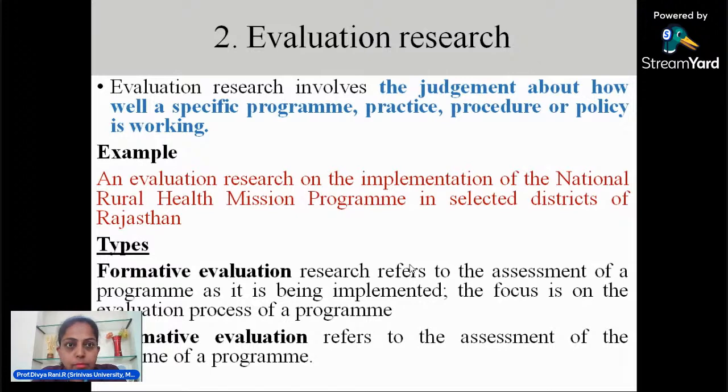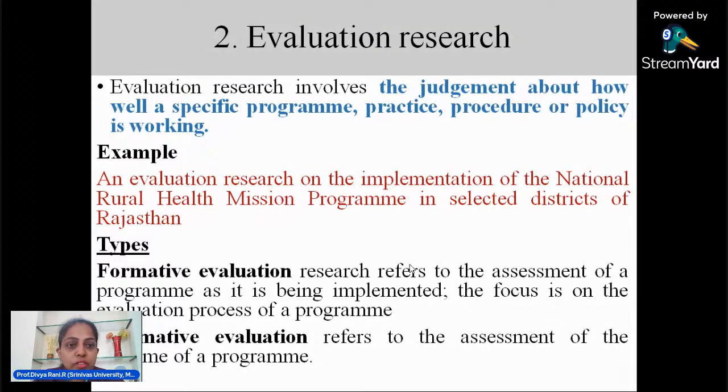Okay, next is evaluative research. When you want to judge a specific program, practice, procedure or policy, we use evaluative research. For example, if you want to evaluate a health program such as the National Rural Health Mission, or check how it has been implemented, you can use this evaluative research design.